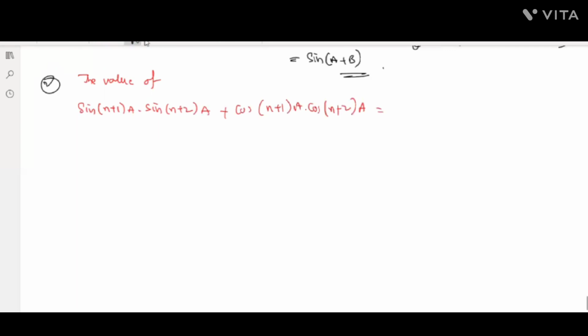So let me rewrite this question according to our formula.